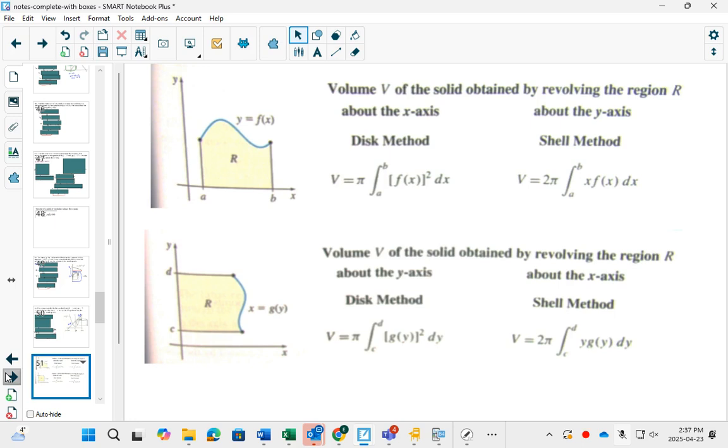But as soon as I wanted to take this region R and rotate it over the y-axis, the disc method actually would work fine until here. And then we got problems. Now my discs don't seem to work or my washers aren't, it's just complicated.